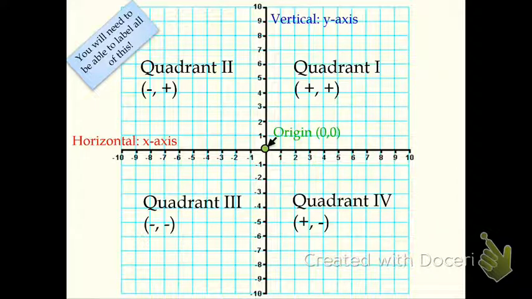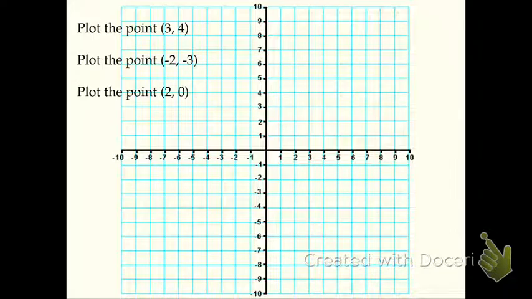All of this is important vocabulary and labeling that you'll need to be able to do. Let's do a quick example with plotting some points. Recall that every ordered pair is always going to be an x, comma, y.